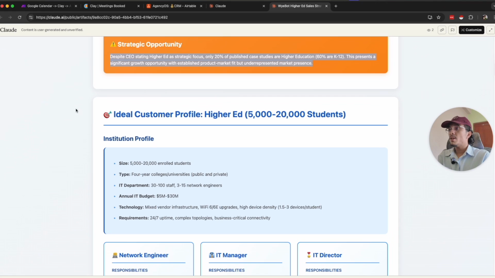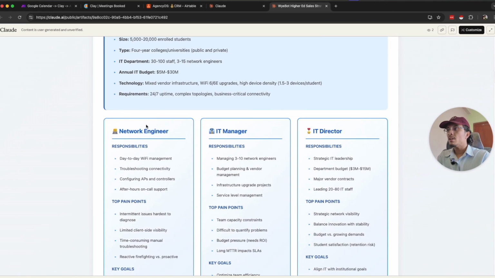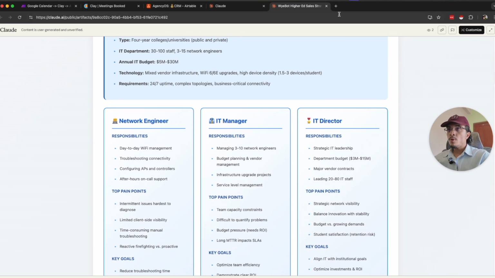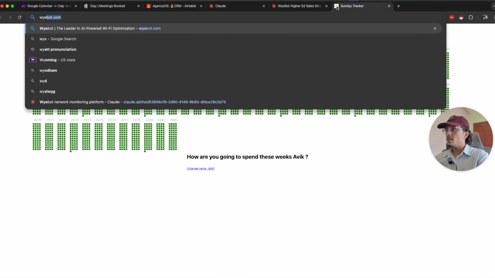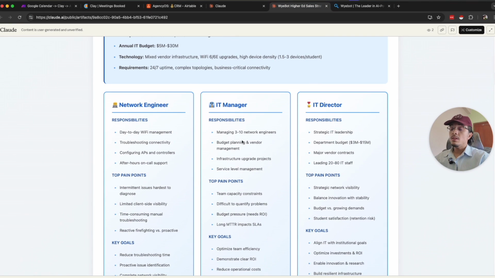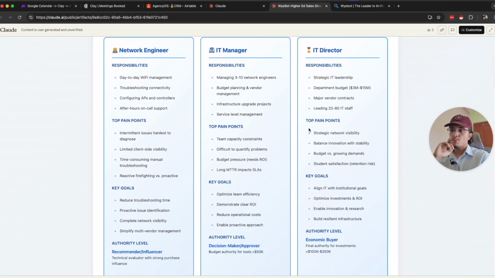And this talks about their ICP, who they should be targeting and everything like that. And it also talks about the people to target, the personas. And one more thing that I have made in this is that it extracts the color from the main website of the prospect and then uses that color throughout this artifact.